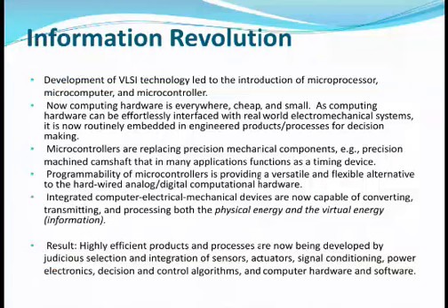So what is the result ultimately because of this information revolution? Highly efficient products and processes are now being developed, through judicious selection and integration of sensors, actuators, signal conditioning, power electronics, decision and control algorithms, and computer hardware and software.